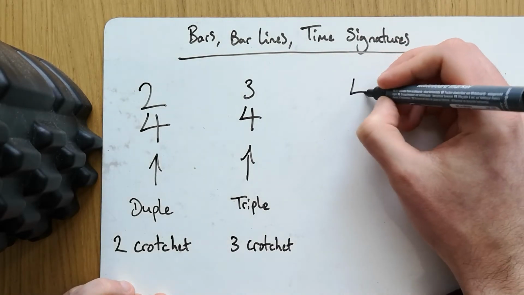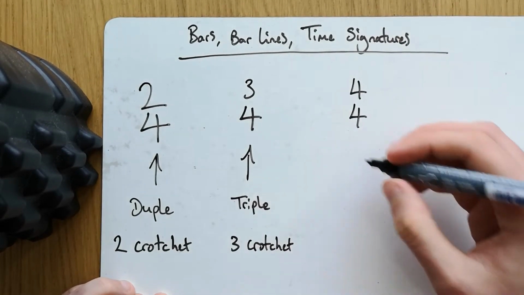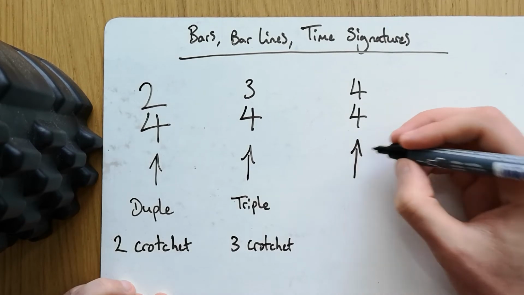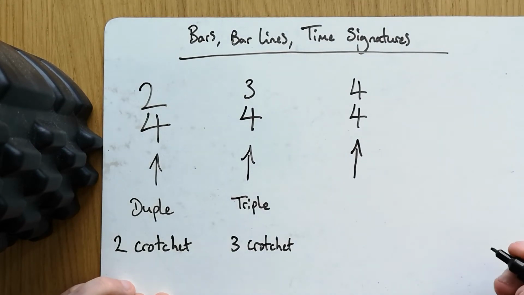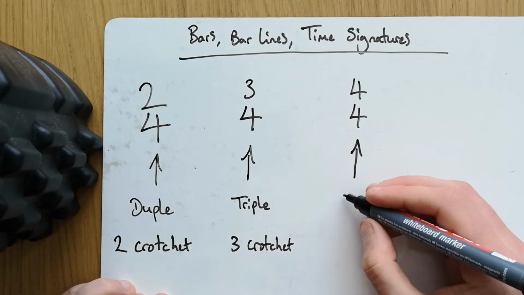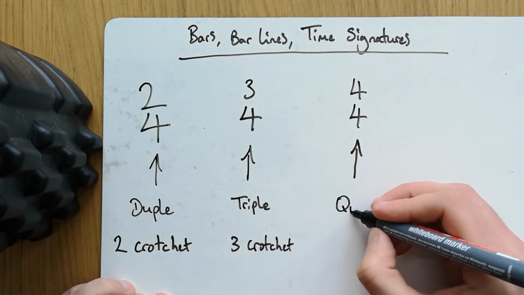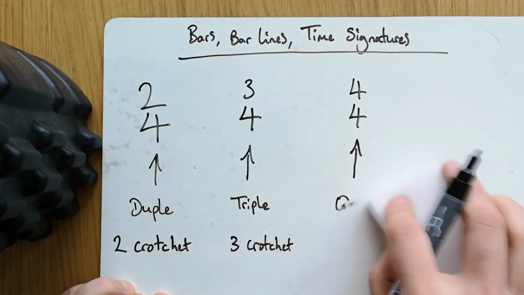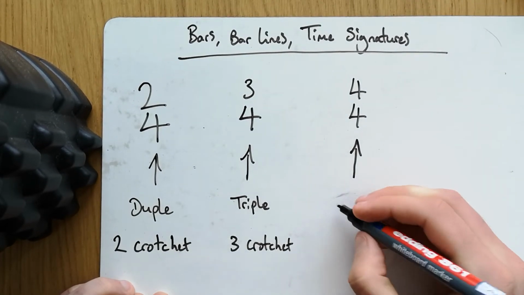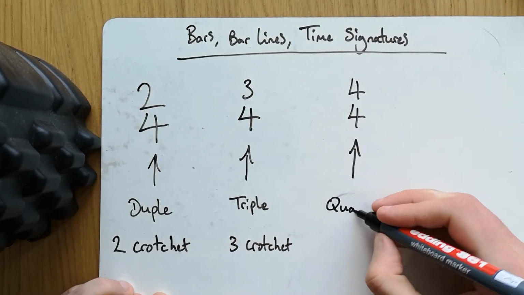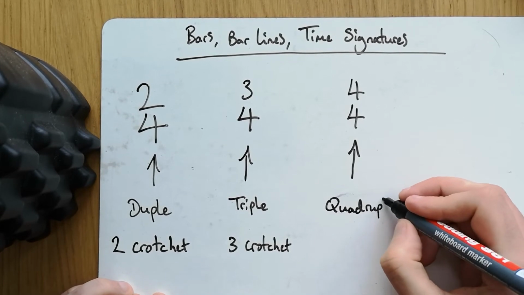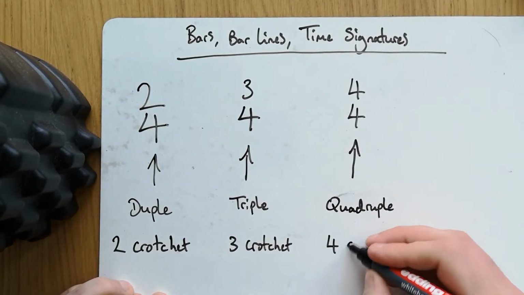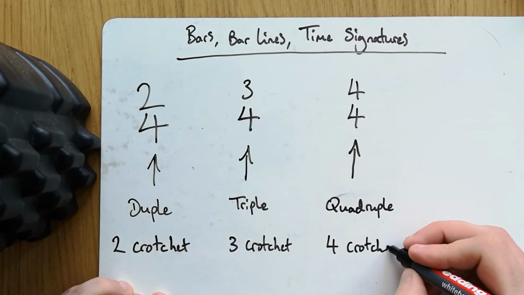We've got the most common one, 4/4. This is what most pieces of popular music, lots of classical music, lots of jazz music are written in. Okay, this is quadruple. Oh, I can't spell. Q-U-A-D-R-U-P-L-E, because there's 4 crotchets in a bar.